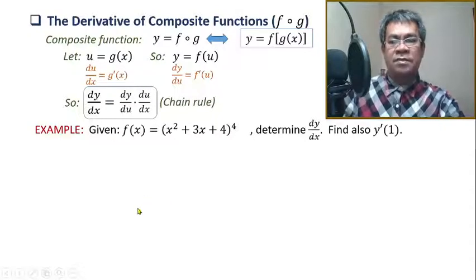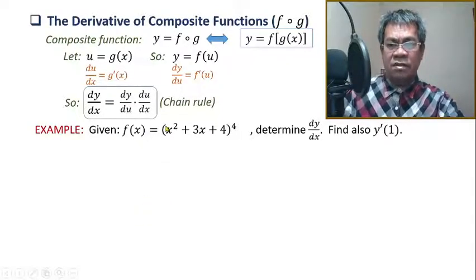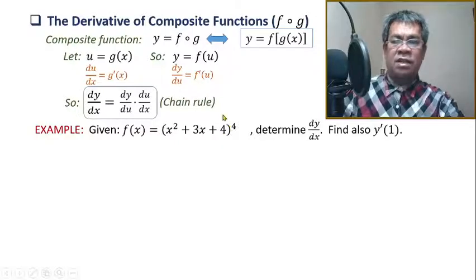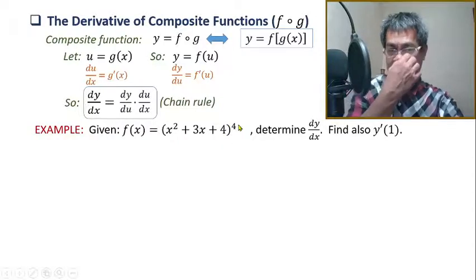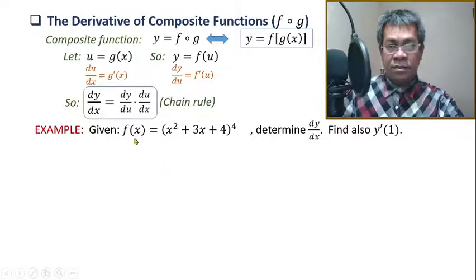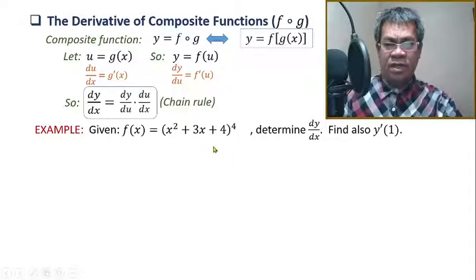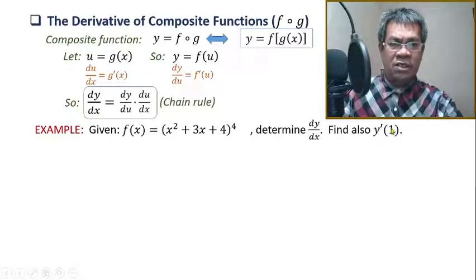Now, another example. Suppose we have a polynomial raised to the power 4. We are again to find the derivative of this function with respect to x, dy dx, and after that, find the derivative when x is equal to 1. Now again, this is difficult.